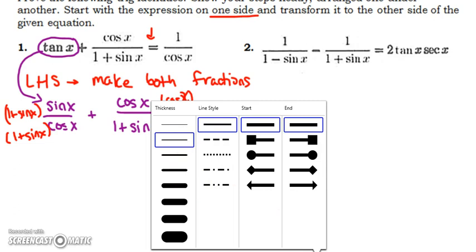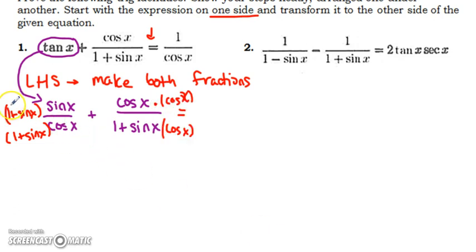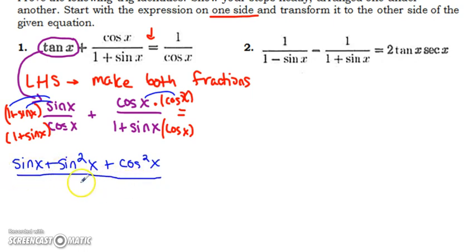Maybe that'll make it easier to read. Okay, so when I distribute the sine, I'm going to get sine of x plus sine squared x. And then over here, cosine times cosine is cosine squared x, all of that over 1 plus sine times cosine. I'm going to leave that undistributed for now.